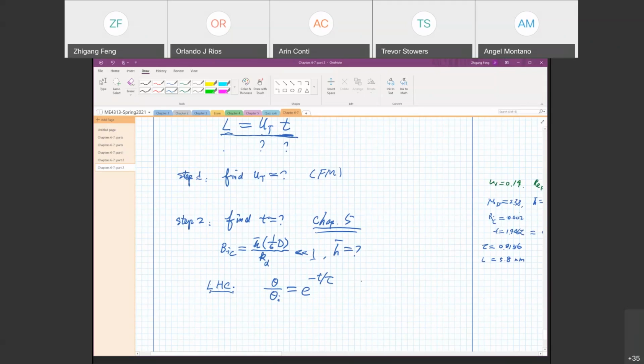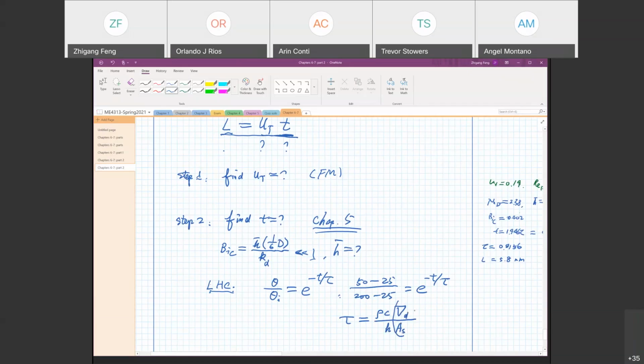In this case, theta is T final, which is 50, minus T infinity, which is 25, the ambient temperature. T initial, which is 200, minus 25, equals e to the minus t over tau. And tau is the time constant, equal to rho multiplied by c multiplied by the volume of the droplet, I use subscript d to emphasize droplet, divided by h multiplied by A sub s.